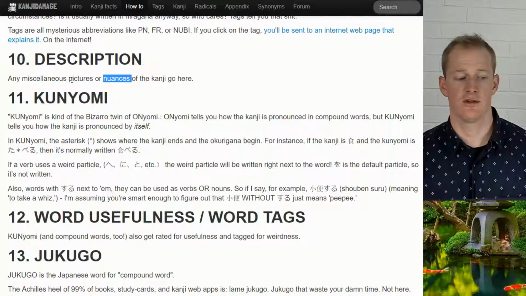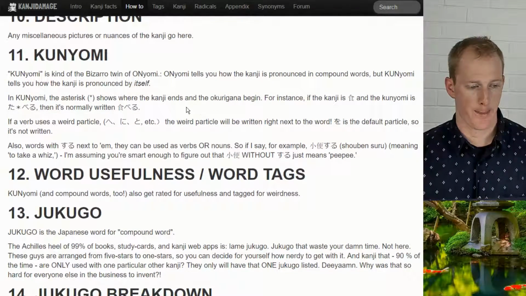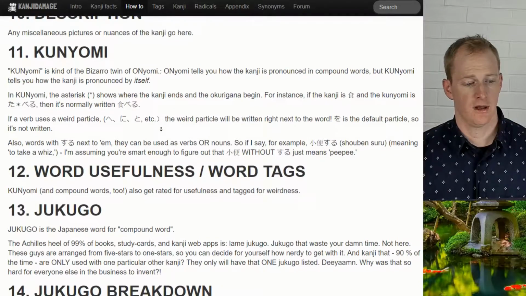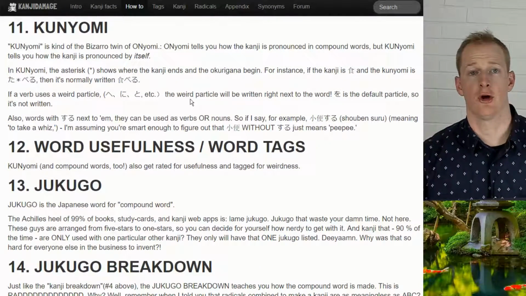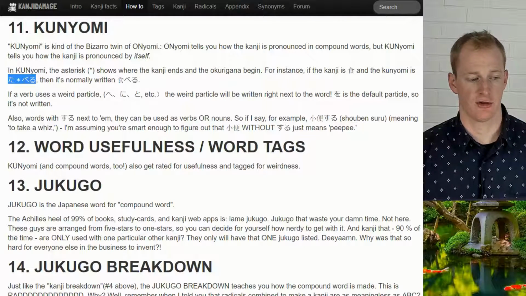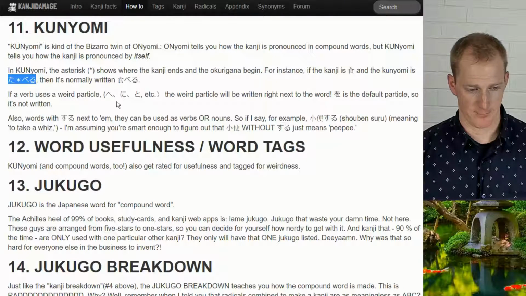Description, again, nuances, some pictures, something like that. Kunyomi, so again, we talked about this in our first video, but it's really when the kanji is by itself. And this is often verbs, adjectives, this kind of thing, very common. And we're going to have an asterisk, because we're going to have okurigana a lot of times when we have kunyomi.